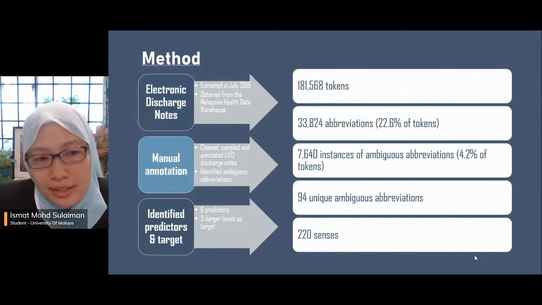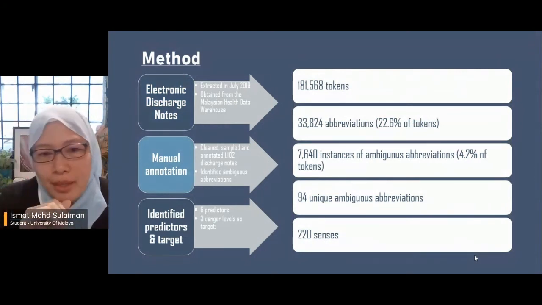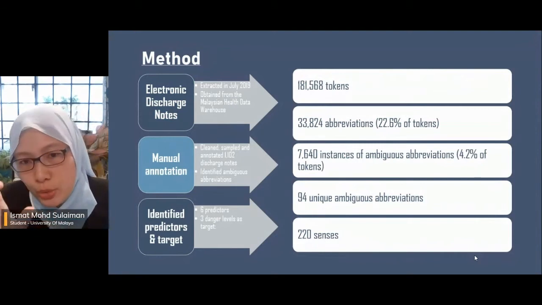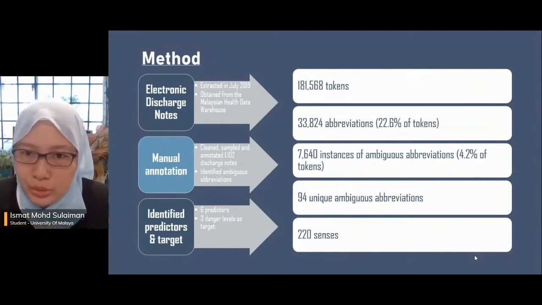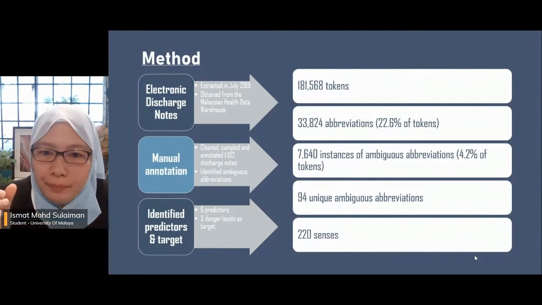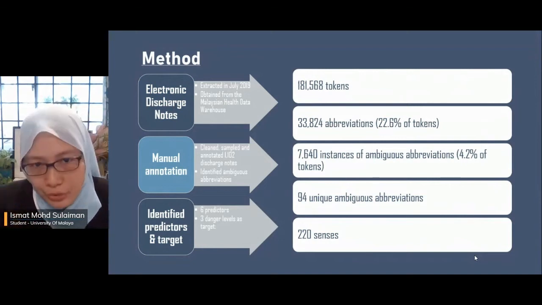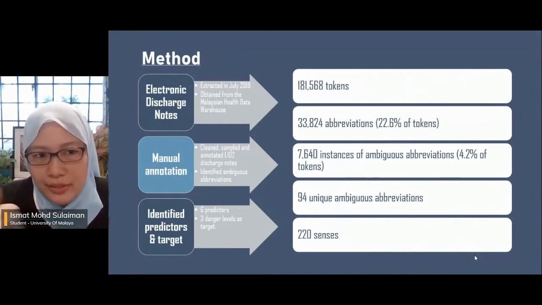They were tasked to find out which token, which word, usually we use the word token here, is an abbreviation, and if it is an abbreviation, then they have to give the meaning or the sense of it, right?